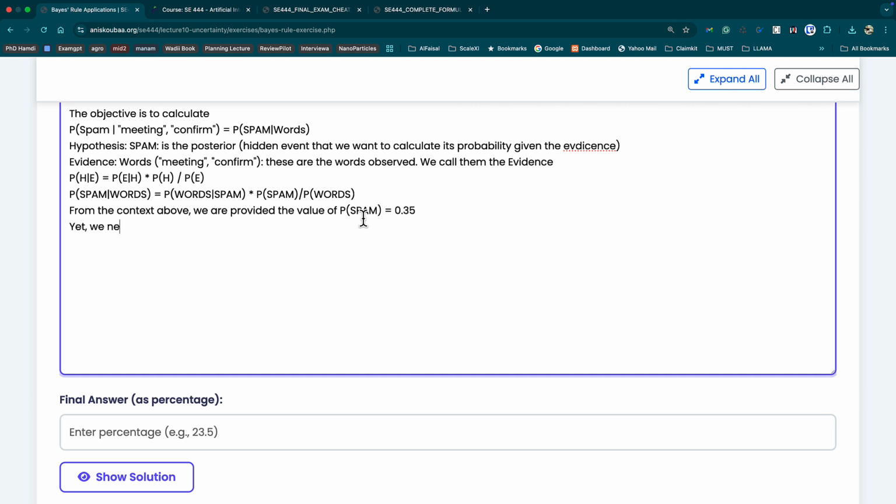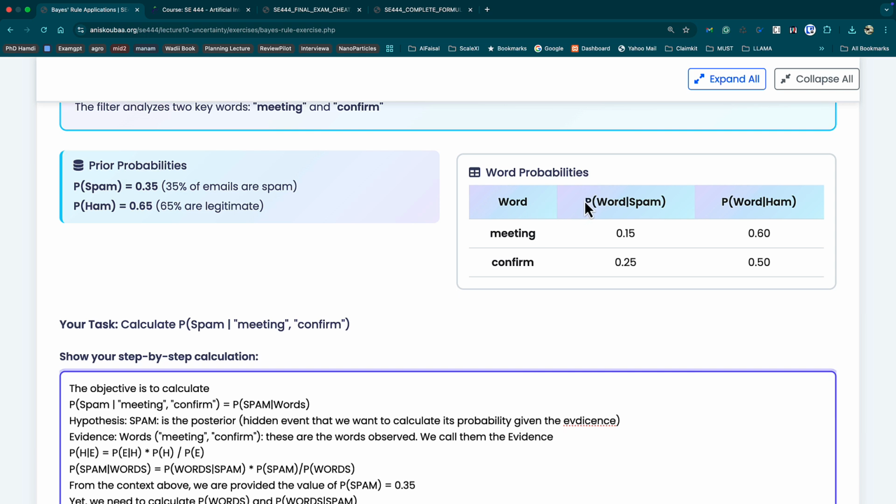Yet we need to calculate what? P of words, which is not given, and P of words given spam. Let's start with this one. The probability of words given spam equals what? I have this table which gives me the probability of word given spam and the probability of word given ham.